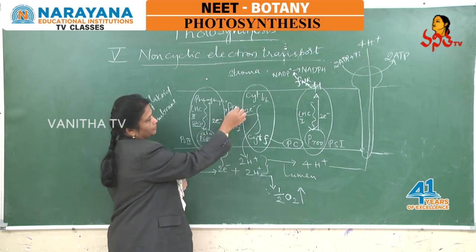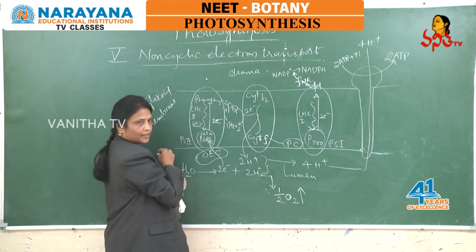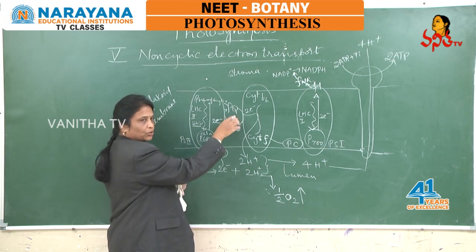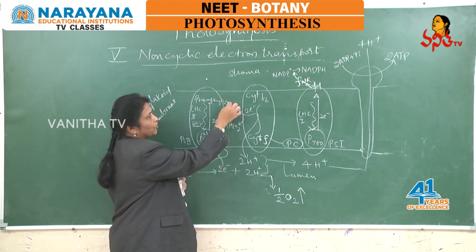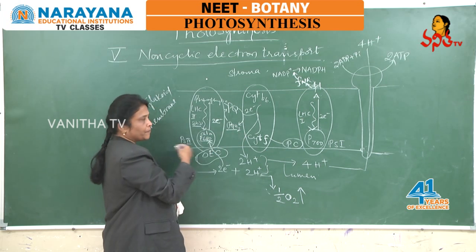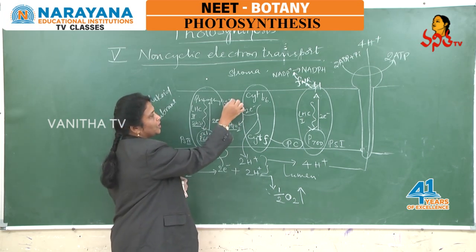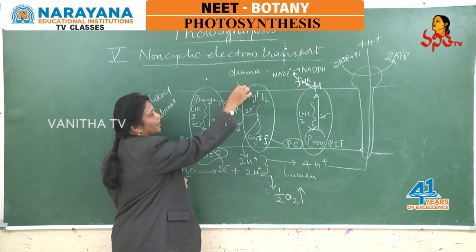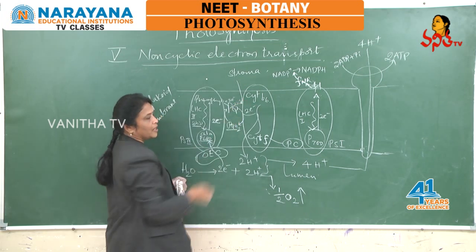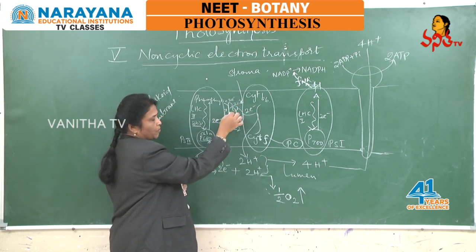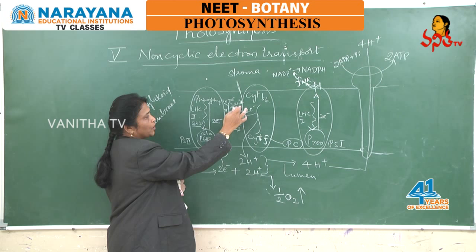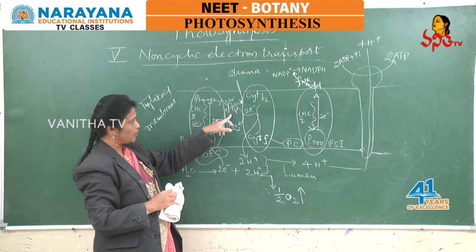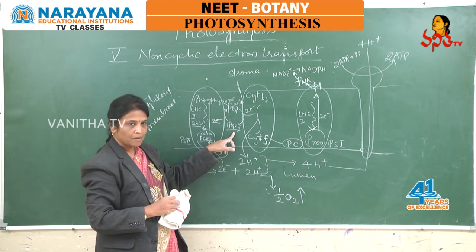And plastoquinone takes electrons from pheophytin, but it is not only an electron carrier, it also pulls protons, because plastoquinone is reduced to plastoquinol here, and for that reduction process, not only electrons from pheophytin, it requires protons also, and the protons are taken from stroma. They are pulled from stroma by plastoquinone. So it is an active process we consider. So the active uptake of 2 protons by plastoquinone reduces plastoquinone into plastoquinol.